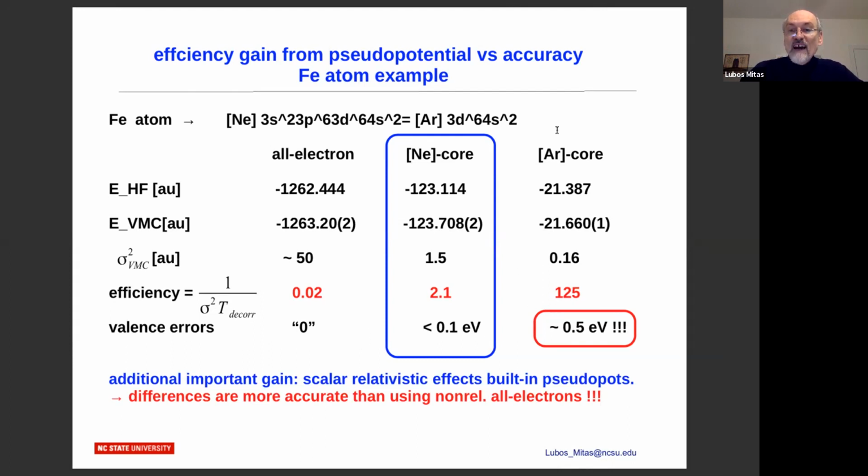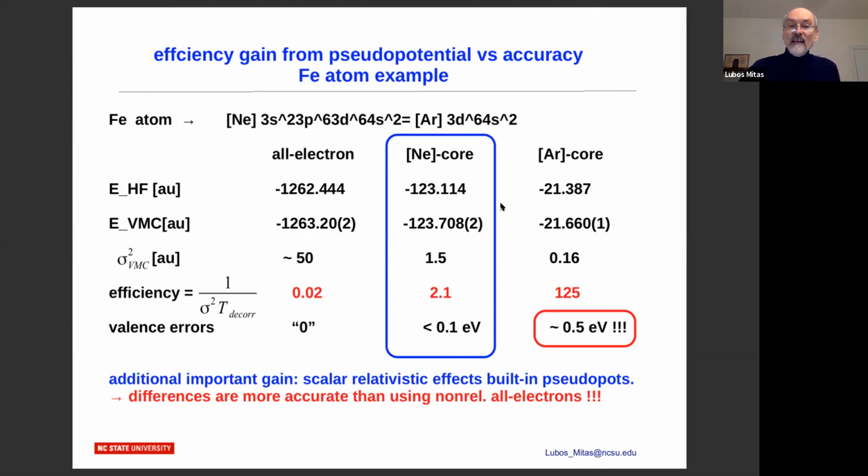You see that with the argon core, namely having only 3d and 4s electrons, you end up with a pretty good speed up, the efficiency gain is almost four orders of magnitude. But the point is that the errors are also growing, and suddenly you end up with systematic shifts for some quantities up to about half an electron volt, which we deem not to be acceptable.